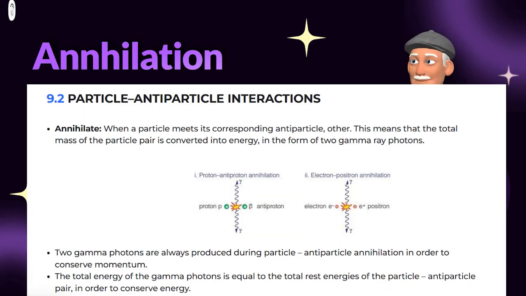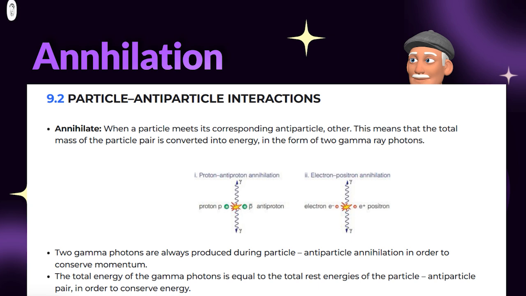Okay, now another concept is annihilation. Annihilation is when a particle and an antiparticle interact with each other. When they interact, the total mass of the particle pair is converted into energy. In which form? In the form of two gamma ray photons. For example, when a proton and antiproton annihilate, they will give two gamma ray photons.